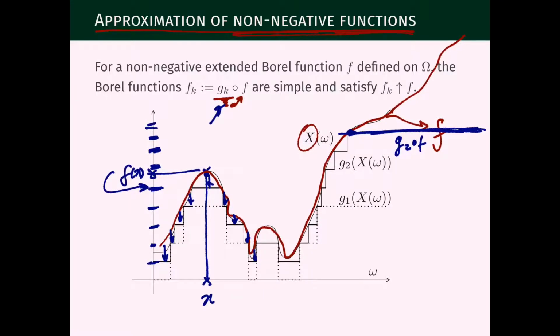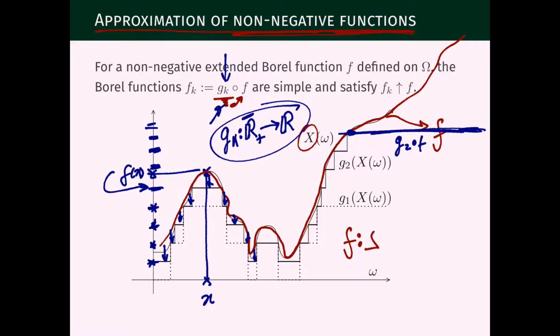So again, from the fact that we can approximate the identity, and this gk is something that operates on numbers. It just takes a number, or even an extended non-negative number, and rounds it down to the closest point in this discrete set that is below it. So this is an operation on numbers. And now if we have a function f that goes from an abstract sample space or measurable space to R plus, including infinity, no problem.